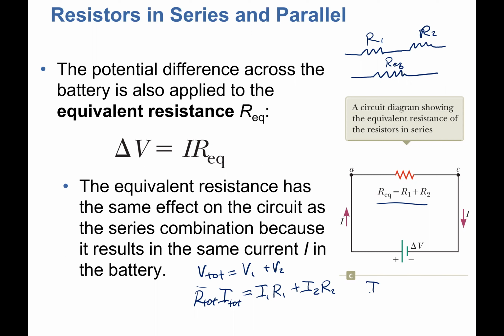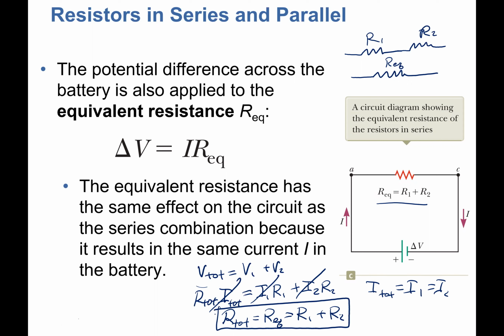But because condition 1 tells us I total is the same as I1 and I2, they cancel. What survives is R total, or R equivalent, equals R1 plus R2. That means equivalent resistance is nothing but the sum of all the resistors in series.